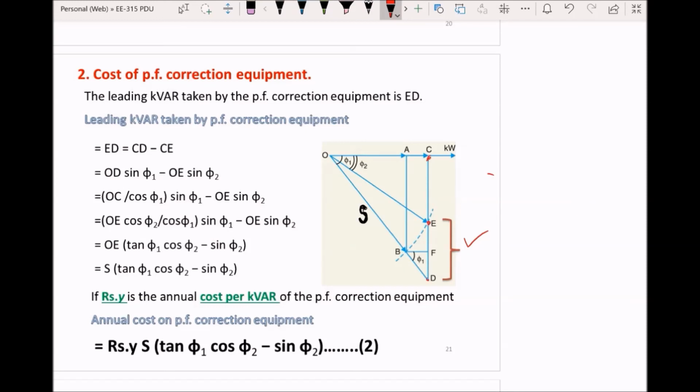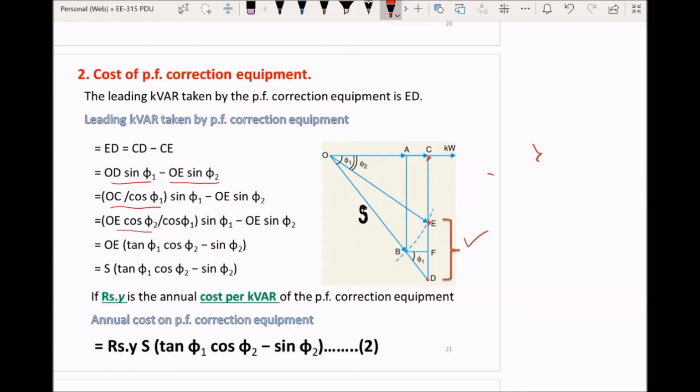Where CD equals OD sine phi 1, and CE equals OE sine phi 2. Now OD is also equal to OC divided by cosine of phi 1, and to convert it to OE, OC is further equal to OE cosine of phi 2.